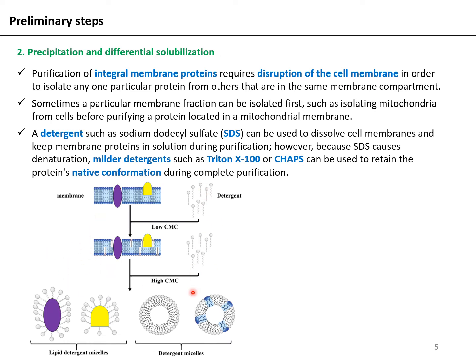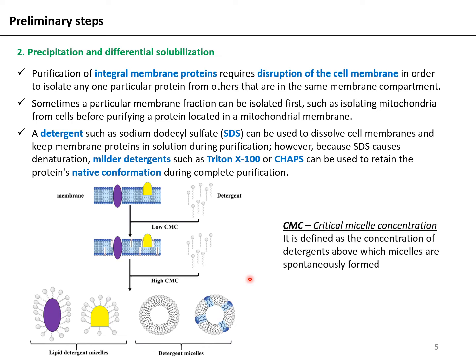And when you further increase the concentration of the detergent, you end up with a mixture of what? Of this transmembrane protein encapsulated in a detergent micelle, this peripheral membrane protein again encapsulated in a detergent micelle, and free detergent micelles and also detergent micelles with the phospholipids from the cell membrane embedded in them.